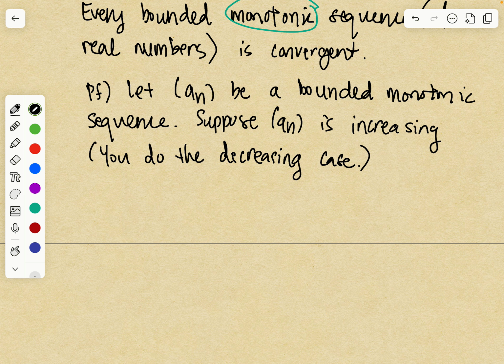So we have an increasing bounded sequence. Well, since the sequence is bounded, what can we say about this? This is a bounded non-empty set of real numbers. So what does it have?